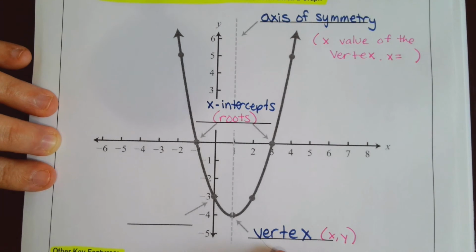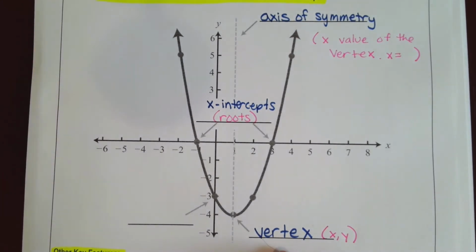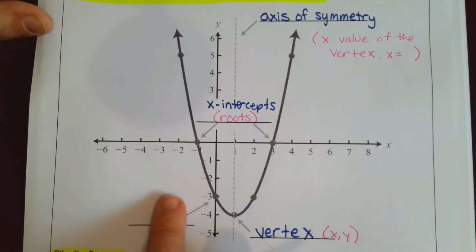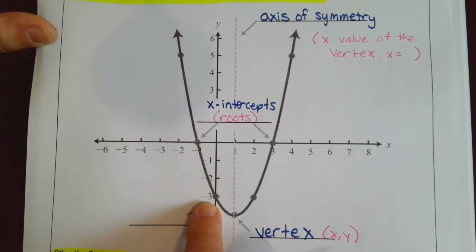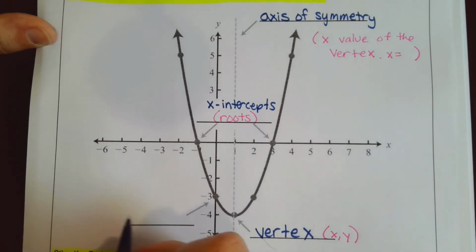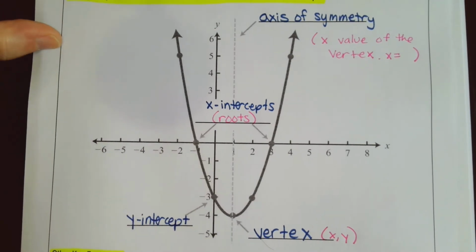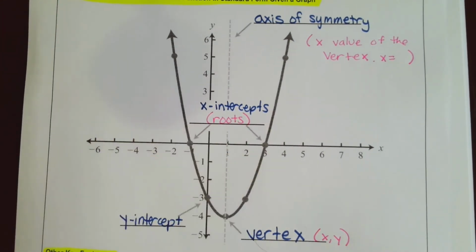So when they ask you for the roots, they want the x-intercepts. And then the final part of our graph is this point right here, which is our y-intercept. Y-intercepts don't have any extra special names like the x-intercepts do, so they are just known as the y-intercept.